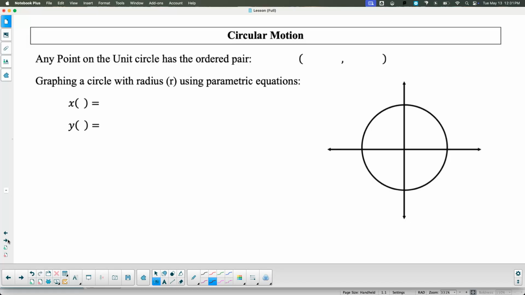X, y could be any point anywhere. Cosine of theta or cosine of t? For any point on the unit circle, it's cosine of t, sine of t.